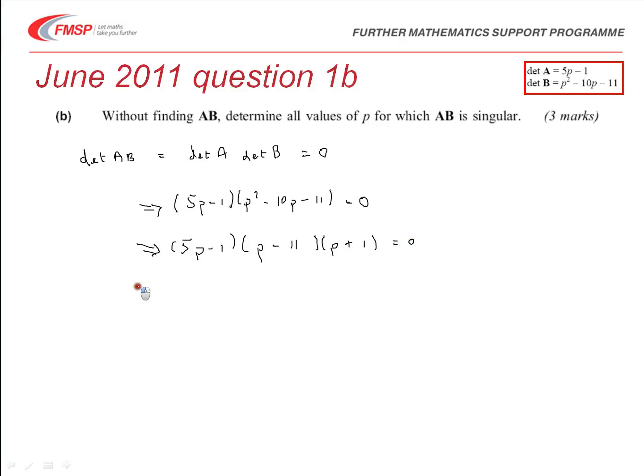And so our possible values of p are, from this first bracket, 1/5. In the second bracket it could be 11, and from the third bracket it could be negative 1.